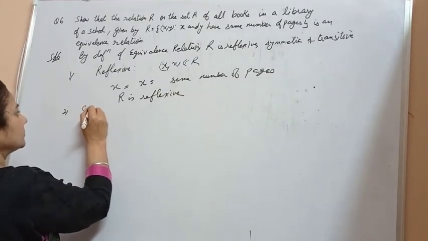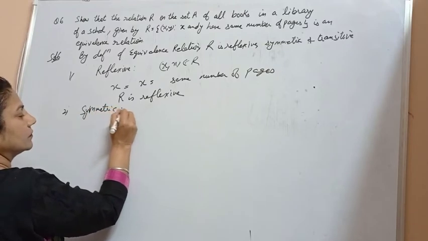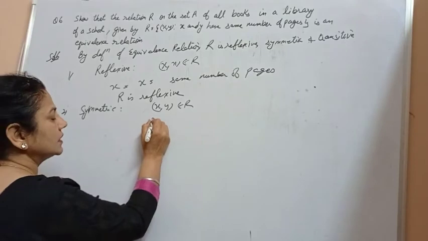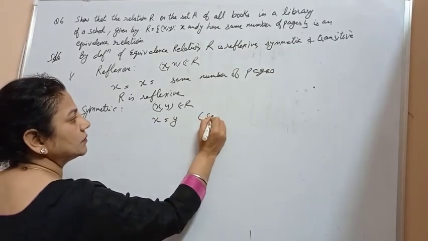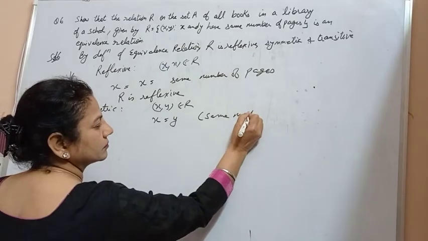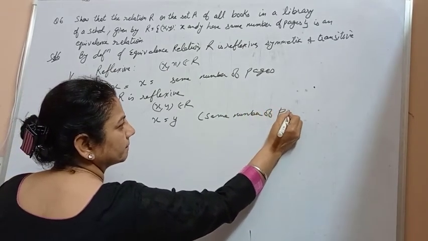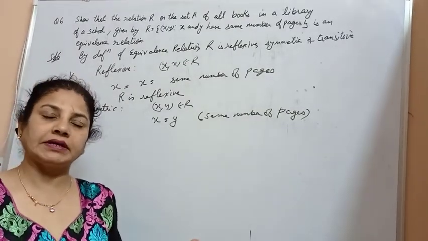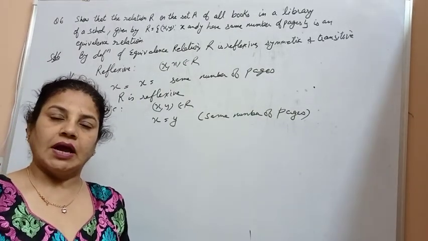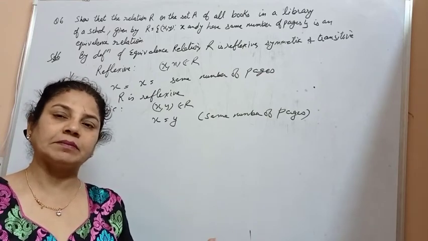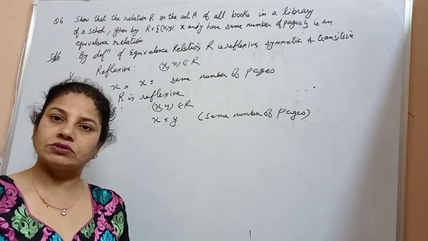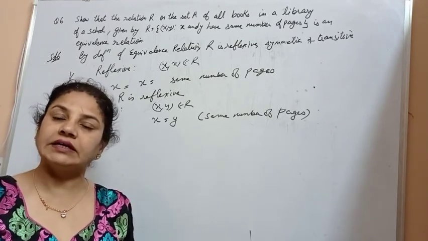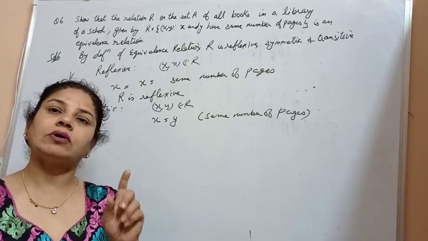Symmetric. (x, y) belongs to R. That means X and Y have the same number of pages. X is a book of mathematics and Y is a book of chemistry, and both have the same number of pages. Mathematics has 250 pages and chemistry also has 250 pages. We didn't bother about what the content is in the book. We are talking about the number of pages.